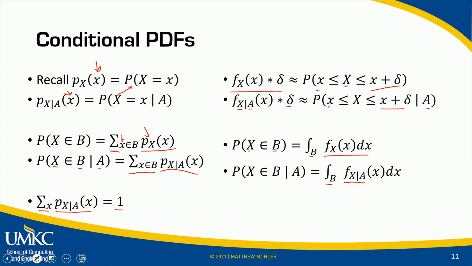And the same applies with conditional probability density functions, where we can say that the integral over all of the probability density functions of x when conditioned on A must still equal 1. So just because we're conditioning, we still have to have our total probability density over everything be equal to 1.